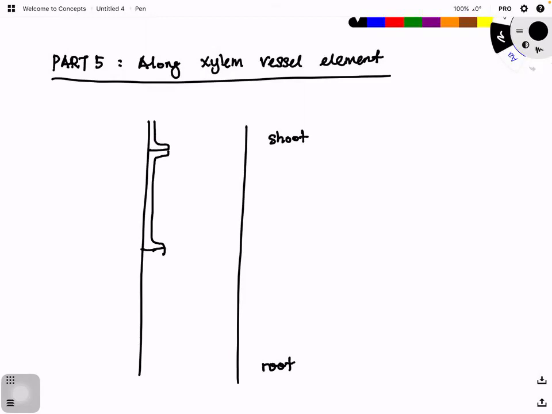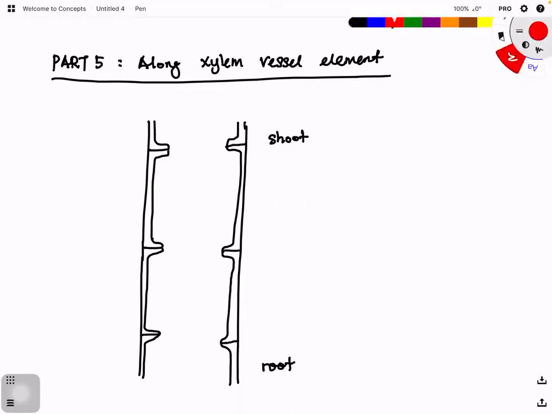Let me draw it again, a quick one. They have this lignified part, and some parts without the lignin. The unlignified cell wall forms the pits.